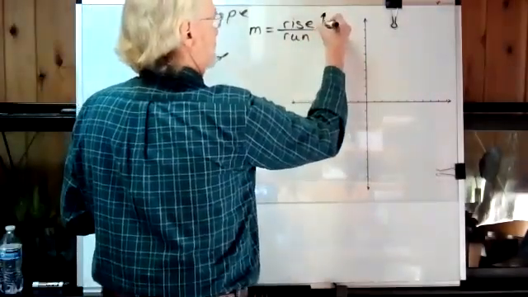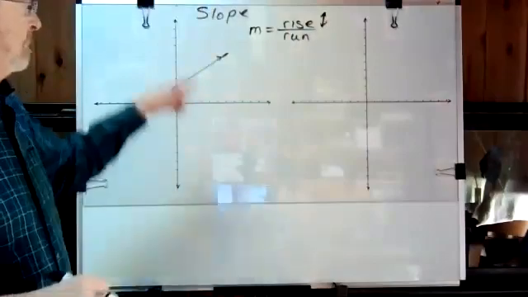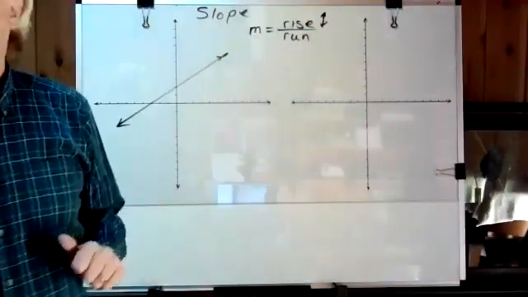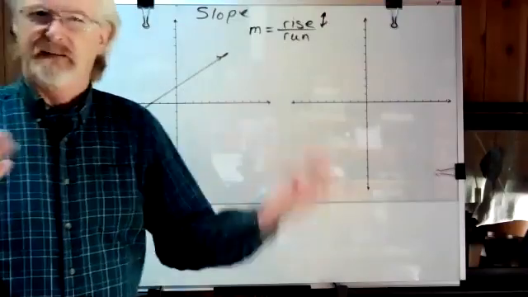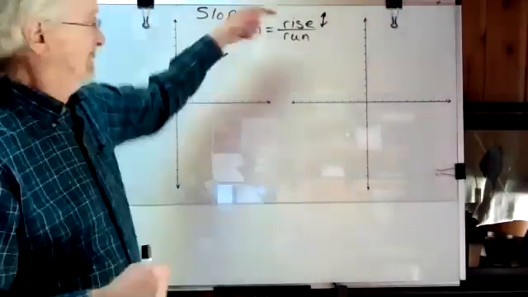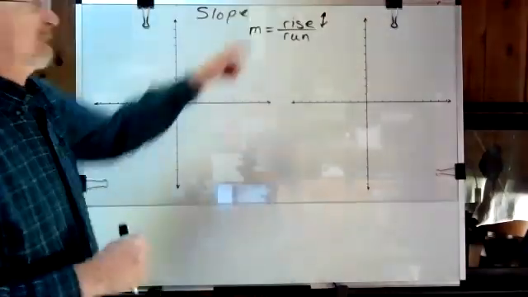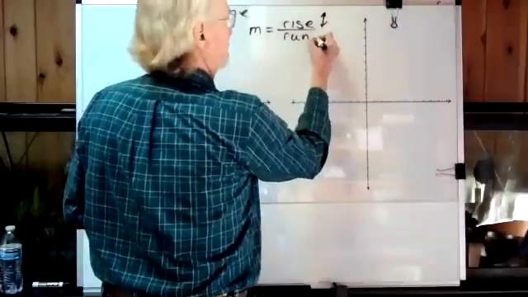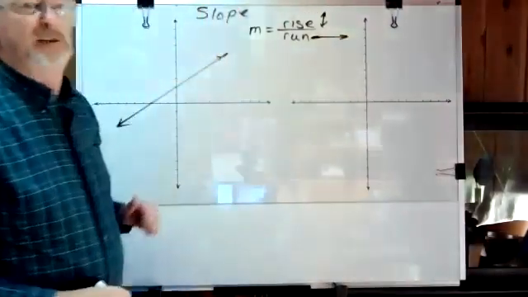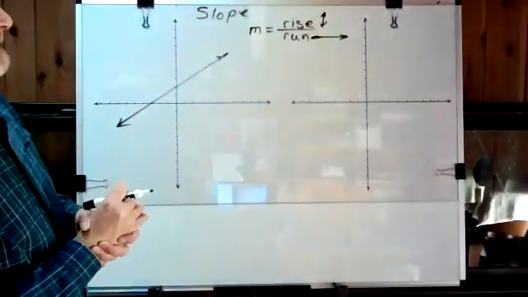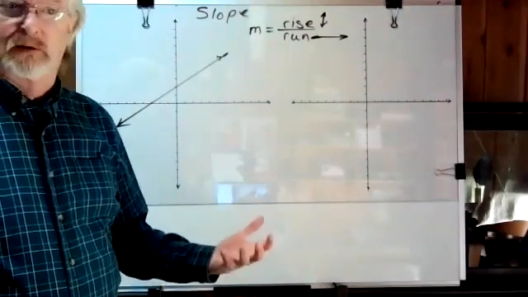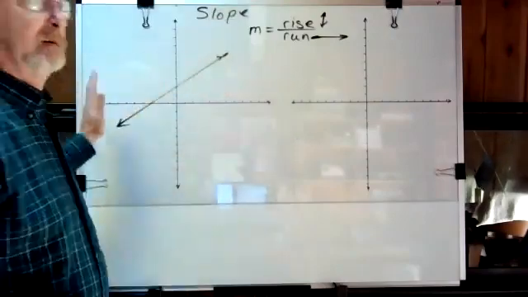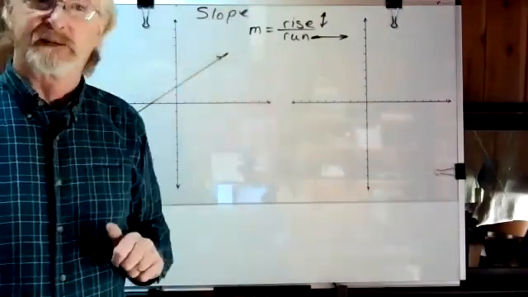How much did you change from one point to the next, going up or down? And we call it the rise. It's a mnemonic device intended to help you remember the structure here. The vertical change is on top, and the run is the horizontal change. It is a ratio of how much the vertical amount changed compared to the amount of horizontal change.